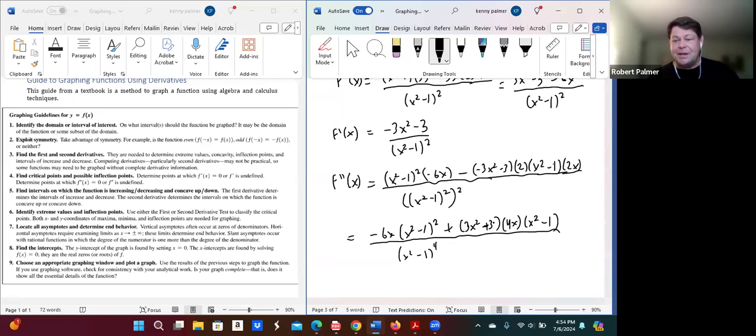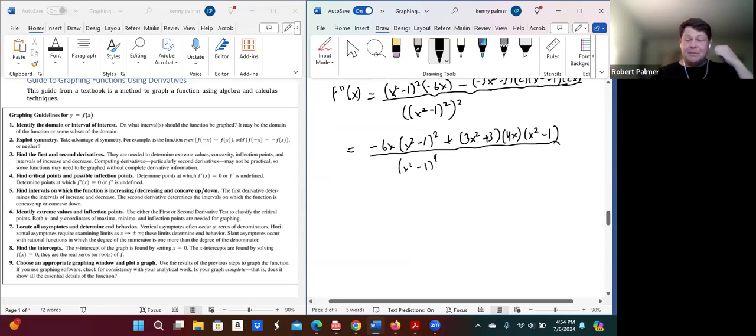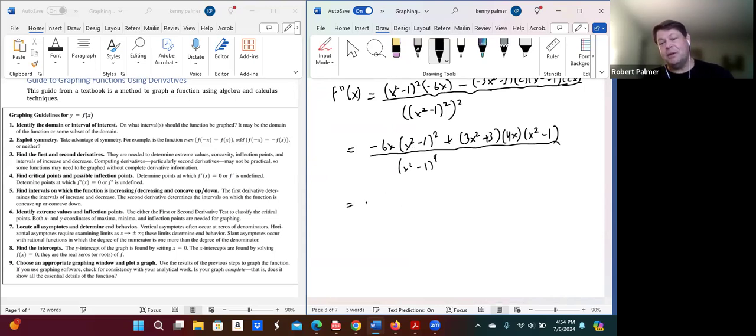Now, there's a reason I did some of that, because, once again, this part's kind of a pain. So just take it a step at a time. The reason I'm doing this, instead of multiplying everything through, is you notice I have an x squared minus 1 here and also here. So it'd be easier to factor an x squared minus 1 out of the front. If I take an x squared minus 1 out of both, I always put brackets here instead of using so many parentheses. What's left here is negative 6x times x squared minus 1. And here, I've taken this out.